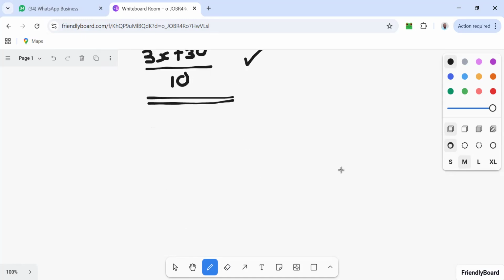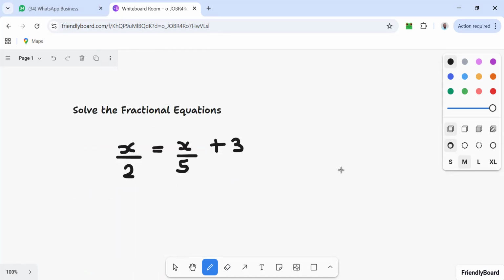And now let's look at equations that involve fractions. As you can see here, they want us to solve this fractional equation. So what do we do?